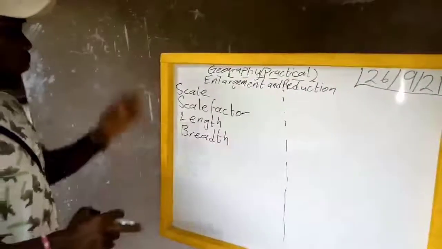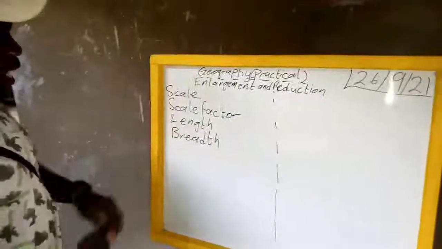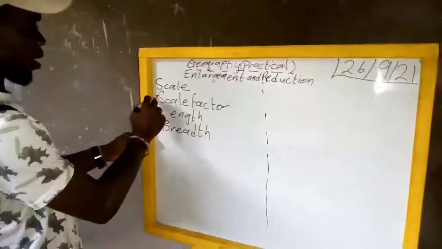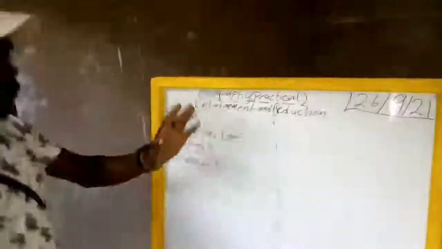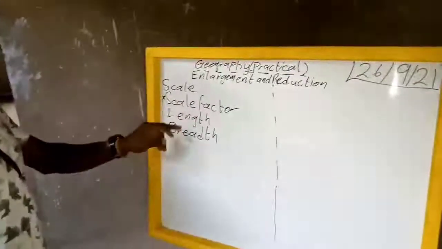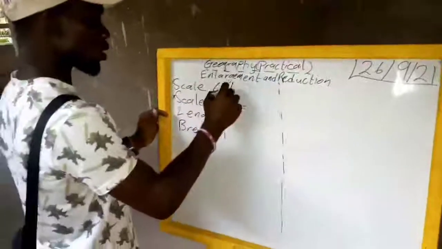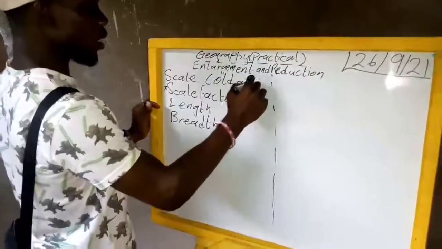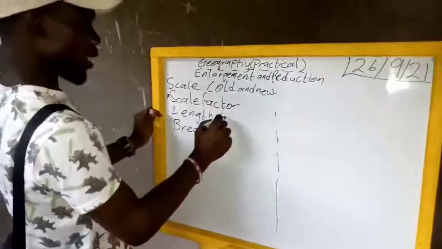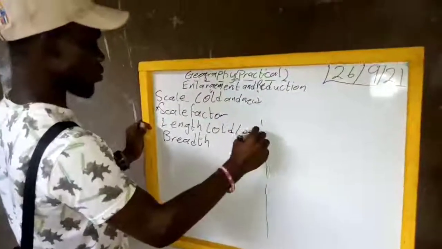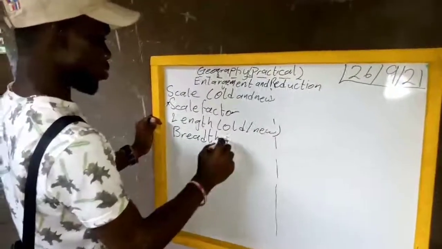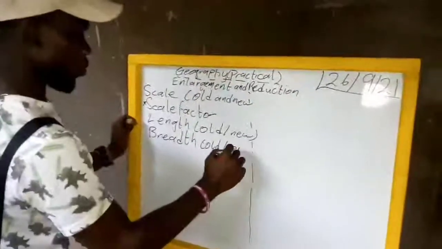Another thing you should note is that apart from the scale factor, for all the others in enlargement or reduction, you need two of each. Meaning the scale, you need old and new. Length, likewise, old and new. Breadth, also old and new.